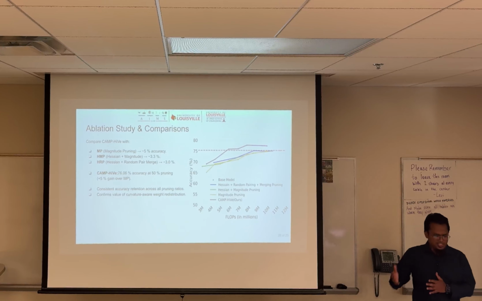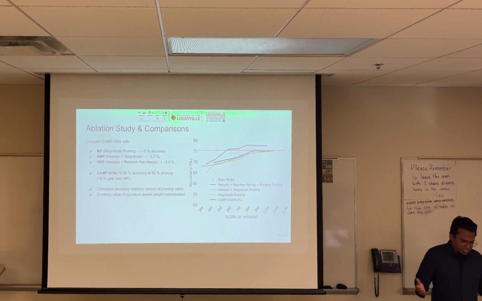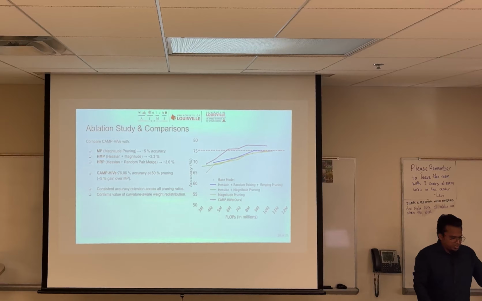So that's called random pairing. We also compared Hessian plus magnitude pruning, magnitude pruning alone, and CAMP-HiVe, ours. You can see that CAMP-HiVe is doing better here as well in our ablation study. It's consistent accuracy retention across all the pruning ratios and confirms the value of curvature over weight distribution as well.